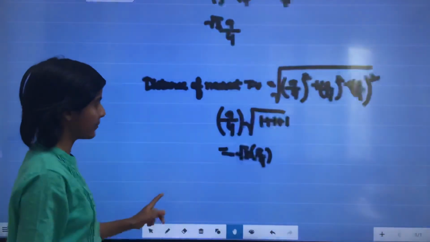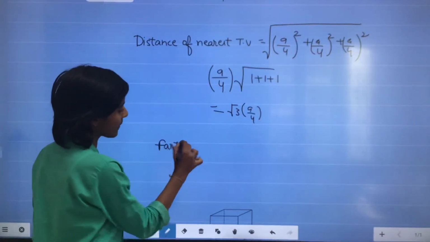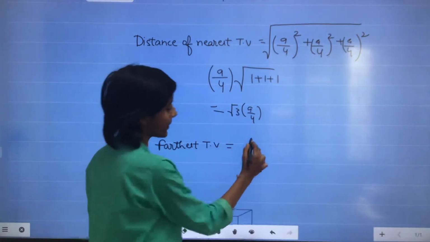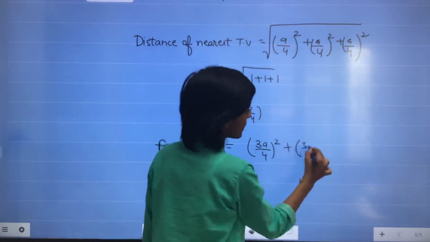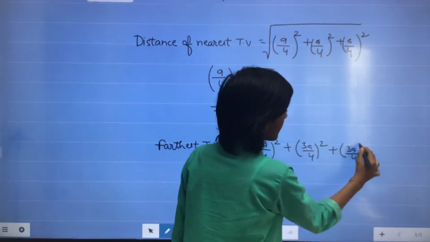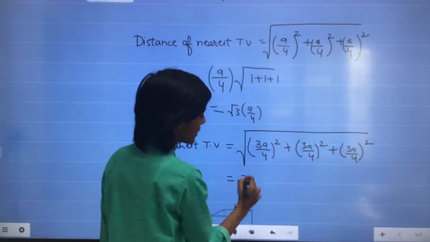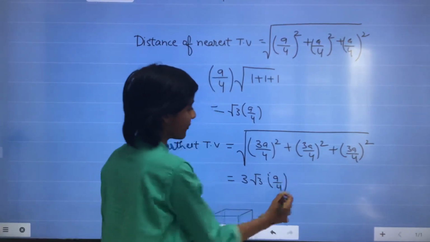And the distance of the farthest TV is the square of 3a by 4 plus the square of 3a by 4 plus the square of 3a by 4, and the whole under root. So this value is 3 root 3 a by 4.